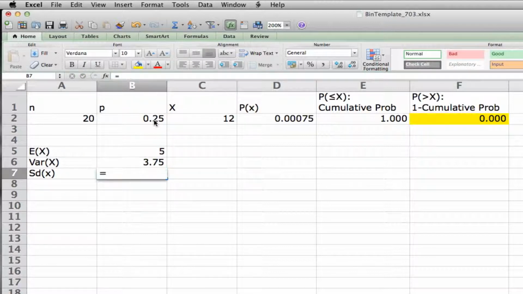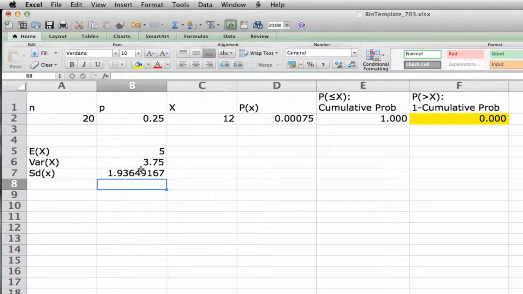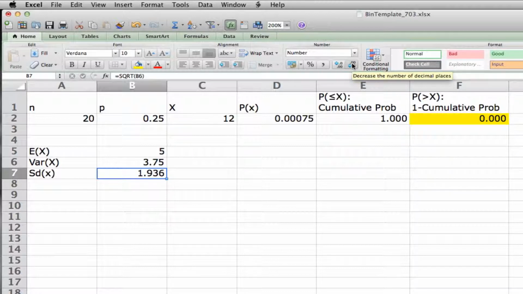And the standard deviation is simply the square root of your variance. And again, let's take this down to just 3 places to the right of the decimal, and that's 1.936.